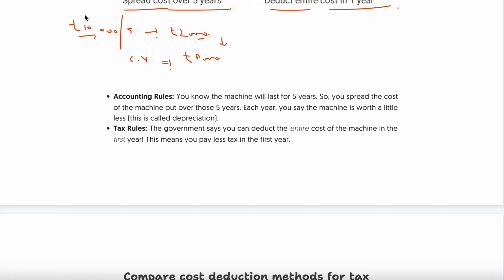So, of course, this is the cost of the machine. This is your depreciation. This is your carrying value. So, after 1 year using the machine, it's in your books sitting at 8K. But the tax rules, the government says you can deduct the entire cost of the machine in the first year. This means you pay less tax in the first year.